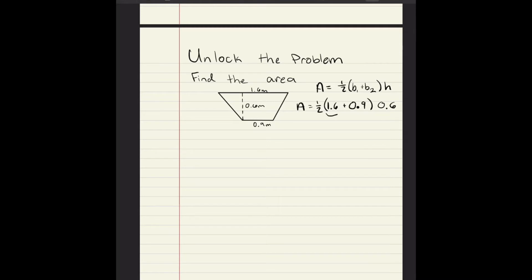Now I have to do PEMDAS, right? So I would add first. Let's do that over here. Now I'm going to rewrite my whole problem. Now I'm doing multiplication, so it doesn't matter the order I'm doing it in.